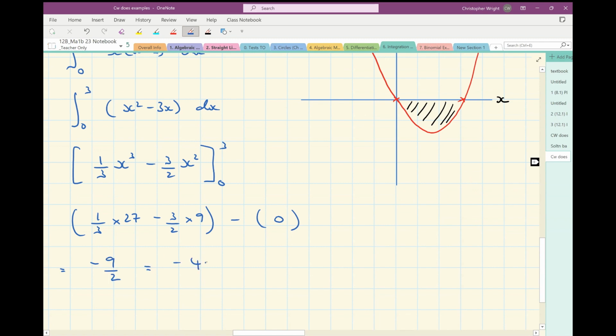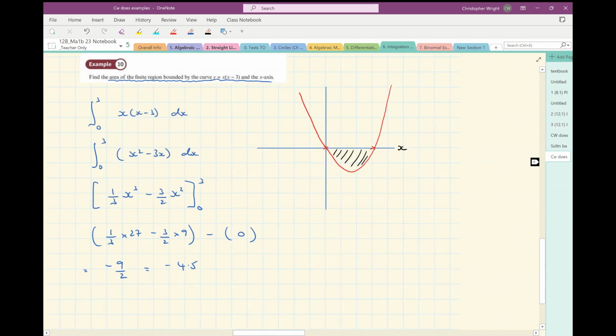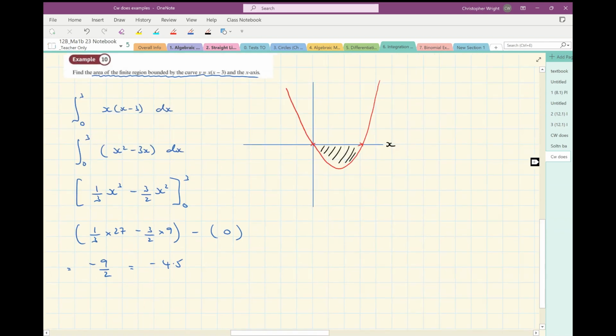So remembering that I was expecting a negative answer because I am finding the area underneath the x-axis, the answer to the question here is that the area of the finite region bounded by the curve and the x-axis is 4.5. Of course, it is not a negative 4.5. And that's example 10 finished.